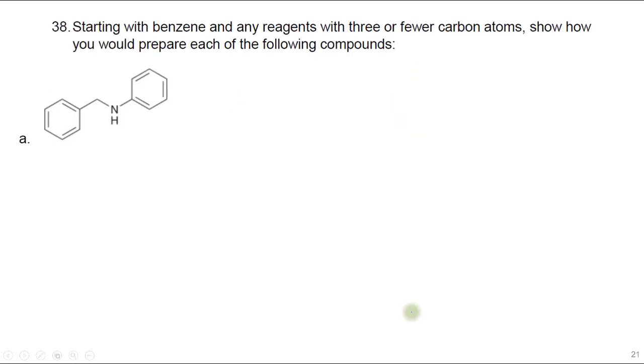All right, so we need to synthesize this starting with benzene and any reagents with 3 or fewer carbons. So I'm going to start with, if I do a disconnect here, I could come from there plus aniline and do a reductive amination. So those are the 2 pieces that I need to make. So I'm going to start with the aniline. That one will be pretty quick. This is HNO3.